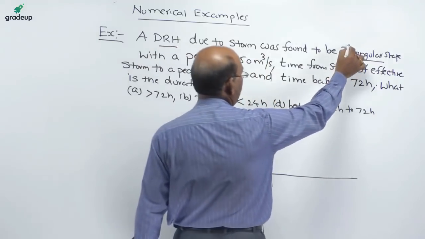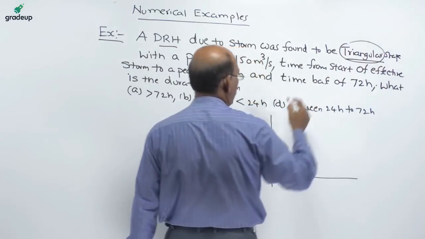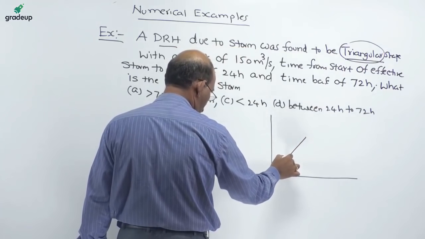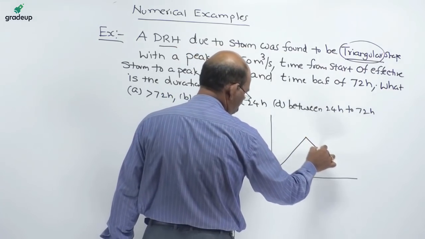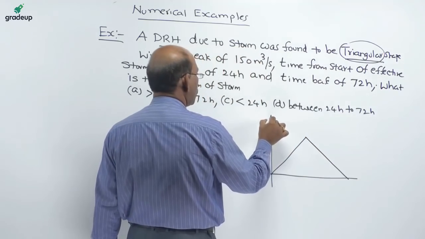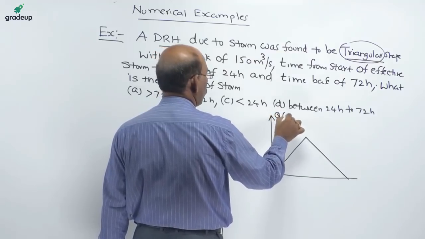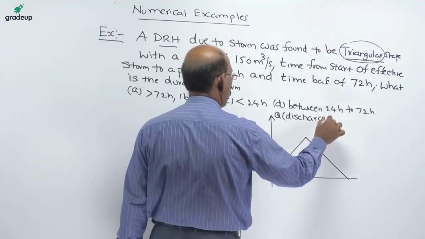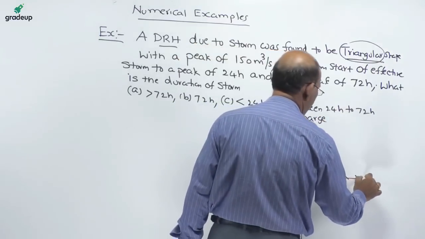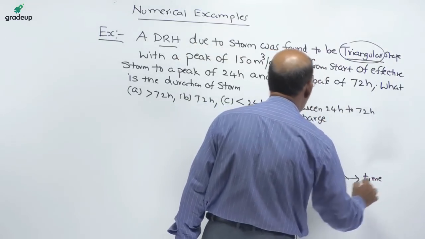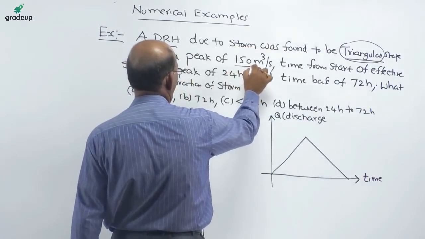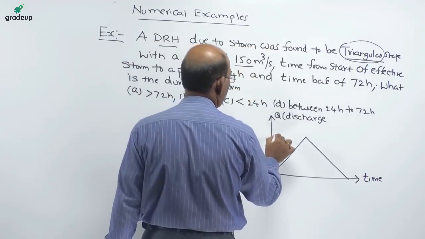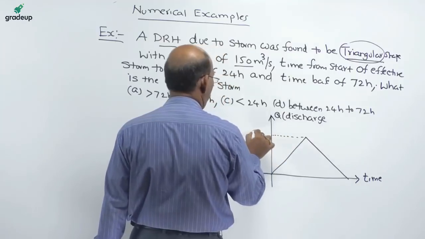This hydrograph is a triangular shape here. This is the discharge, and this is the time, and a peak of 150.